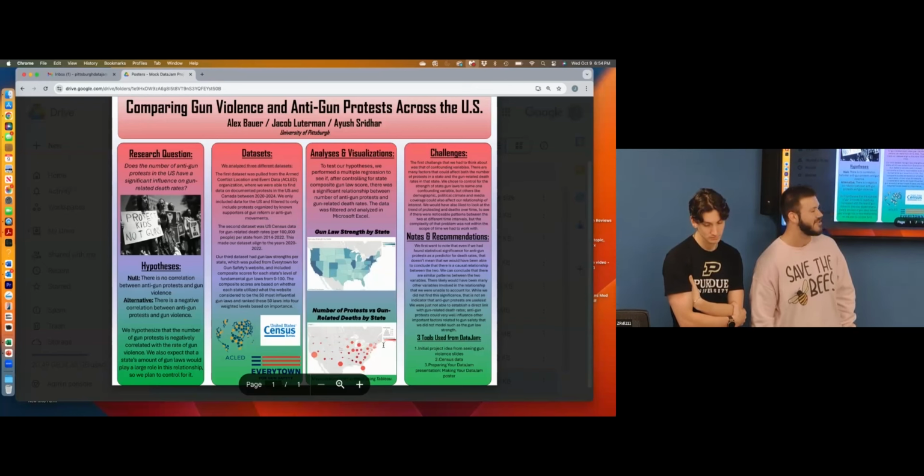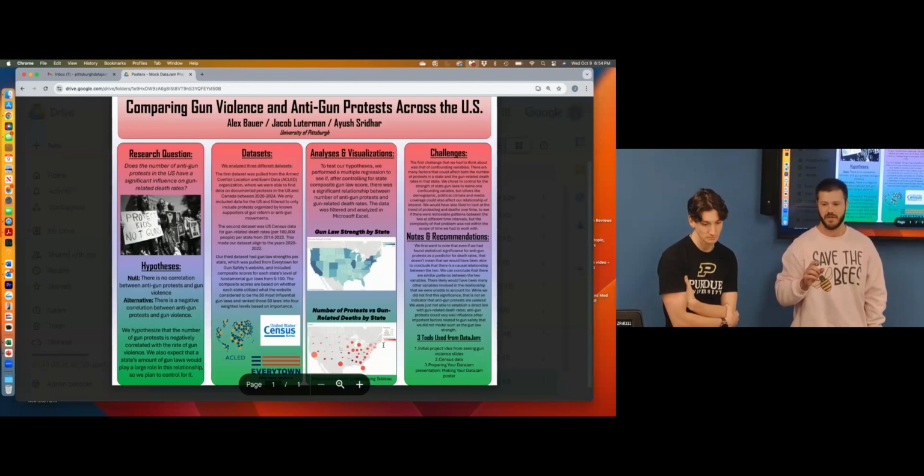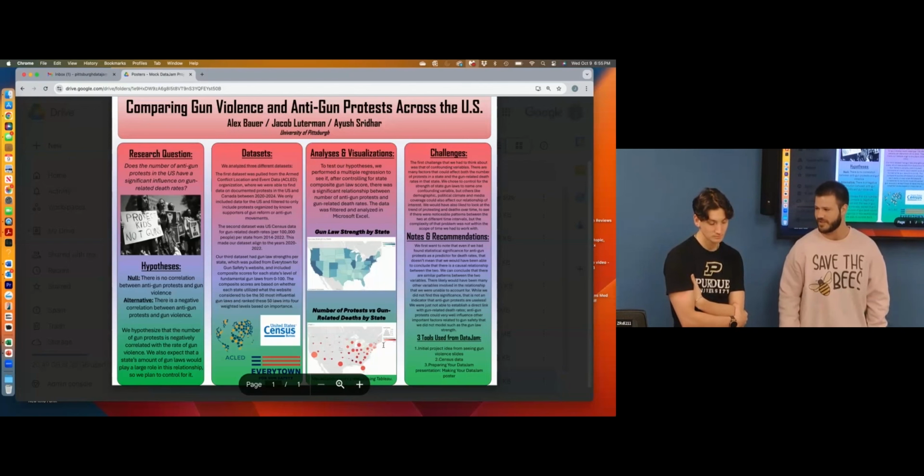And then another challenge. Originally, when we were tackling this, we were curious to see if there were time effects between periods of protest, and whether these protests were associated with decreases, or I guess increases, in deaths. Either one would have been interesting.